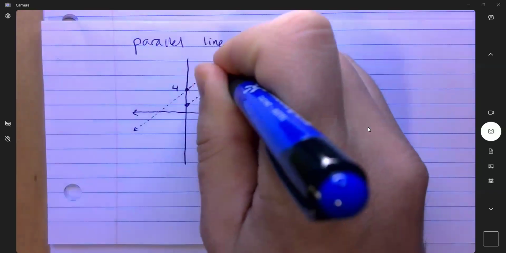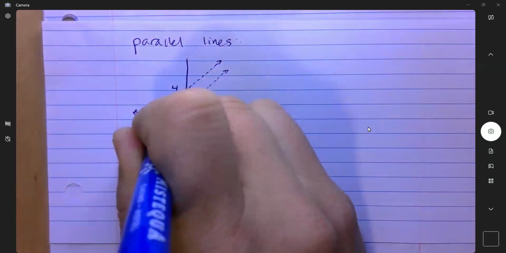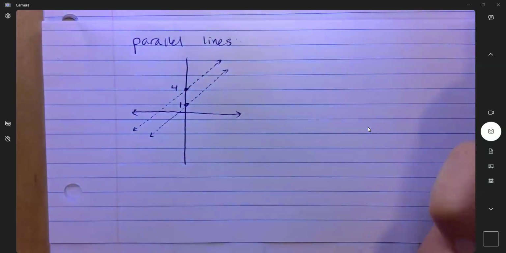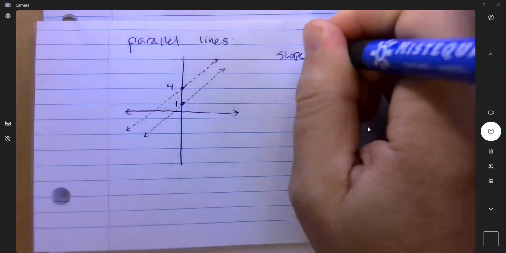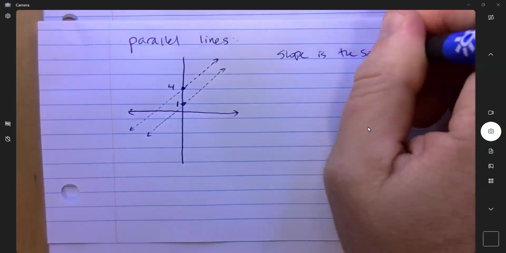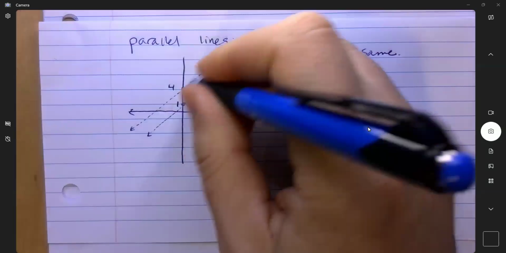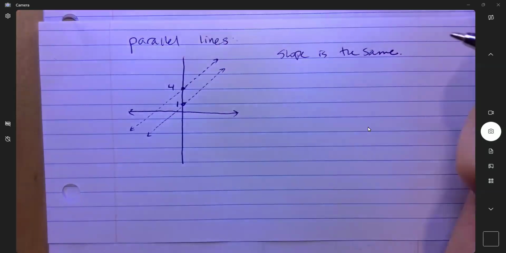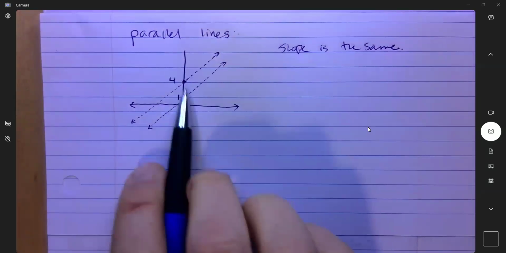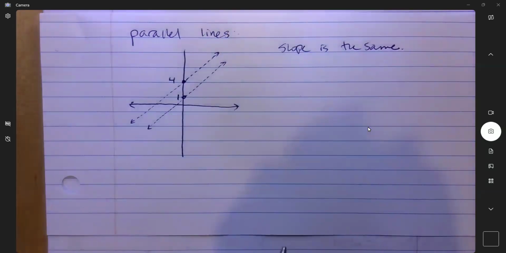And its parallel partner, I'm going to say that point right there is 1. And one thing I want you to notice about them is the slope is the same. The slope of this line is exactly equal to the slope of that line. And they have to be equal because that's what keeps them from ever touching.